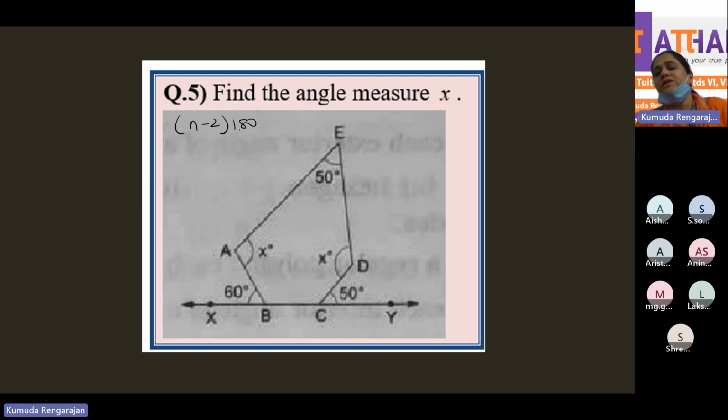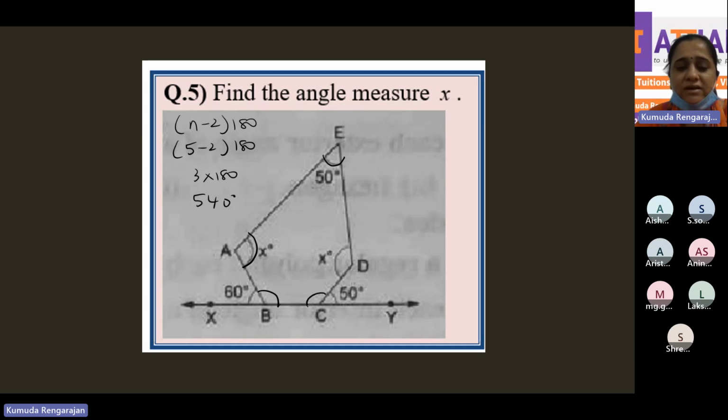N minus 2 into 180 will give you the angle sum property of a pentagon. So 5 minus 2 into 180, 3 into 180, 540 degrees. The sum of the 5 interior angles is equal to 540.